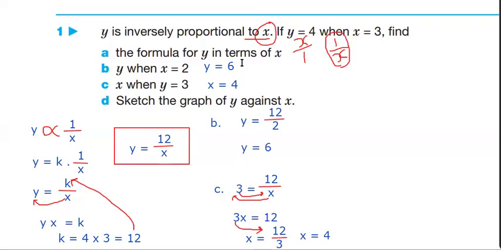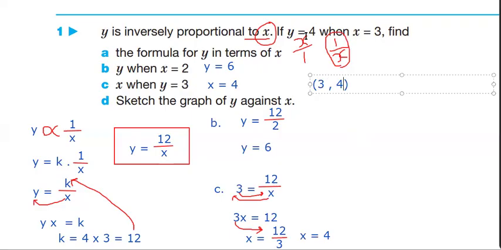Now, by the information that we have, we can sketch the graph of y against x. Now, first, we find the coordinates that we have here. The first coordinate that we have, x was 3 and y was 4.